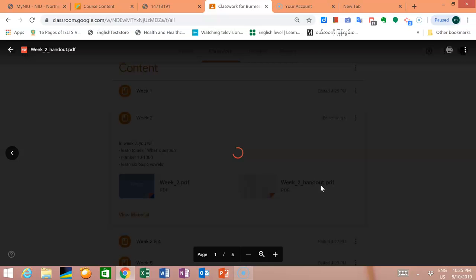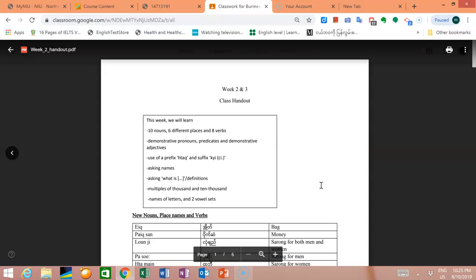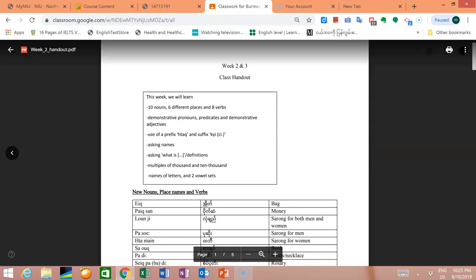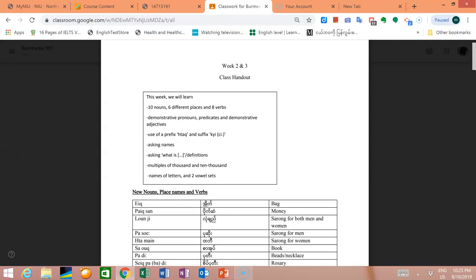If they click on it, in this way, they will learn 10 nouns, 6 different places, 8 verbs, demonstrative pronouns, predicates, demonstrative adjectives, the prefix, and the numbers.